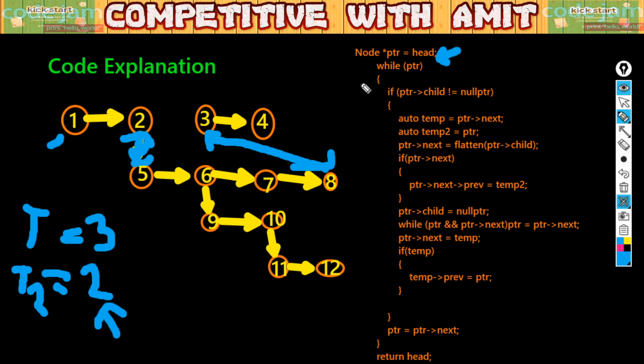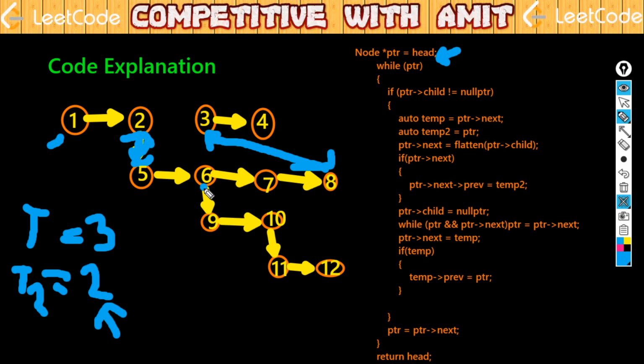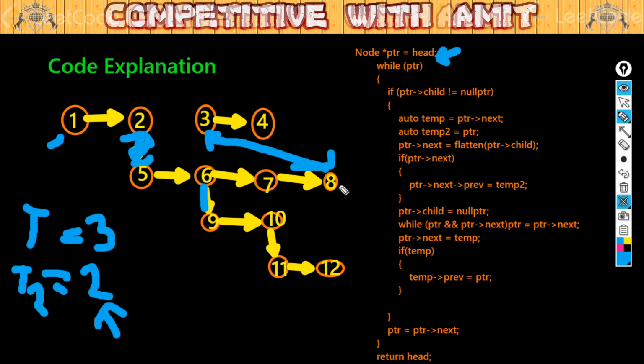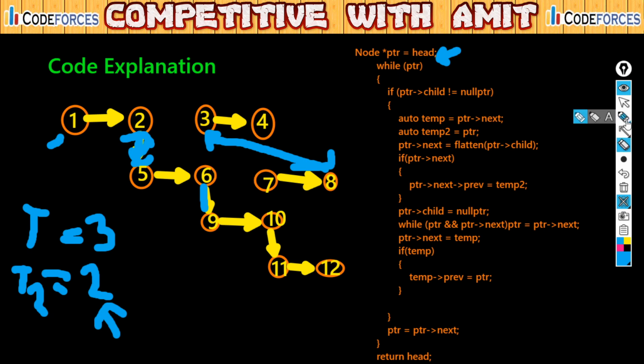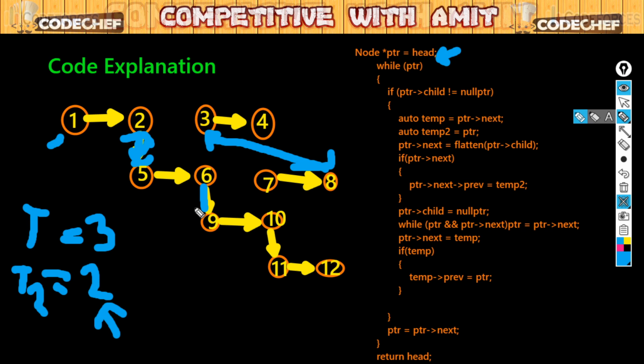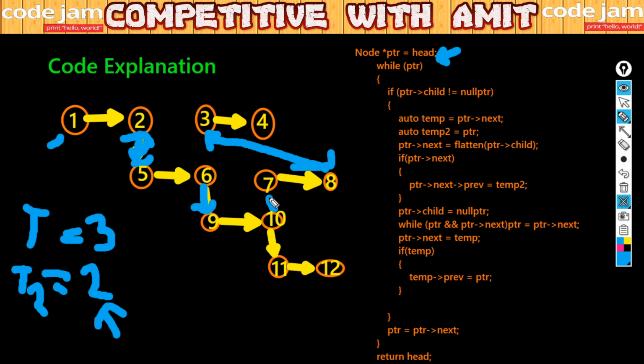Now when the head is on this linked list, the same thing will happen with this also. This will be removed, so we'll remove this, and we'll form one more linked list, and at the end this will point to this, and this will point to this.